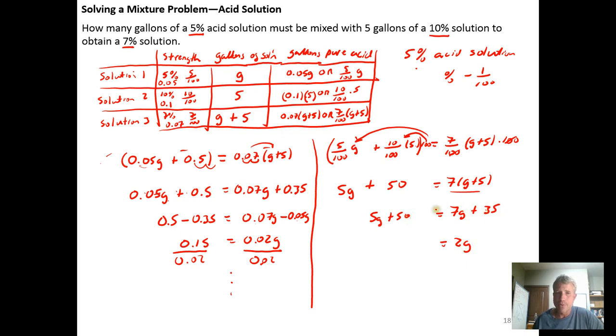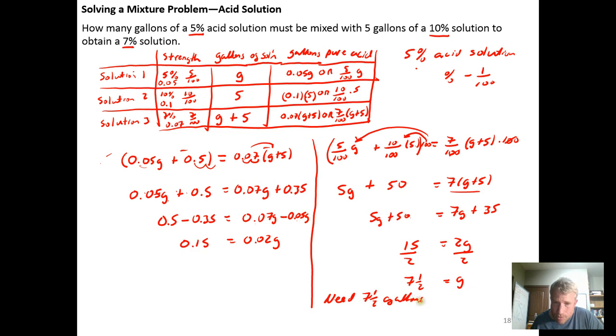Subtract 35 from both sides, and what do we get? 15. And notice how it's looking the same as it looks right here, except the decimal place is over 2 places, which makes things probably for the human mind a little easier to think about. Divide both sides by 2, and 2 goes in there 7 1/2 times. So we need 7 1/2 gallons of what? The 5% solution was the unknown.